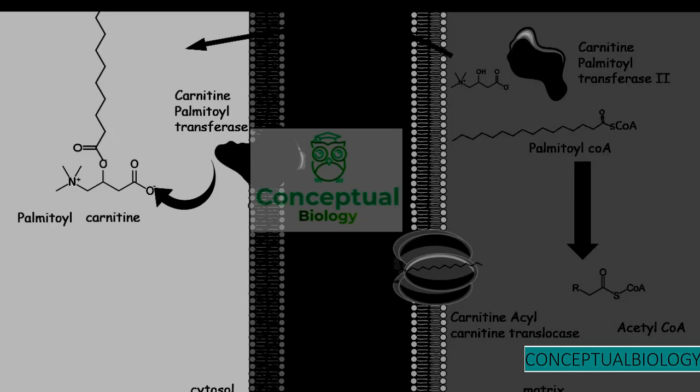So we looked at the first and foremost step, which is to transport fatty acid from the cytoplasm to the mitochondrial matrix, where the fatty acid would be broken down. If the fatty acid which is present in the cytoplasm is not transported to the mitochondrial matrix, it won't be broken down and utilized. So this transport process is regulated. By whom? By several hormones such as insulin and glucagon.